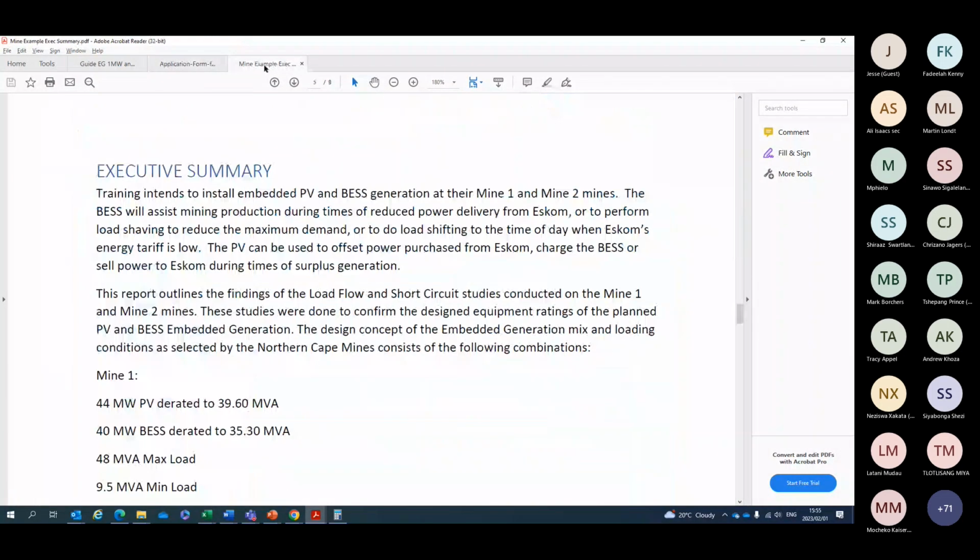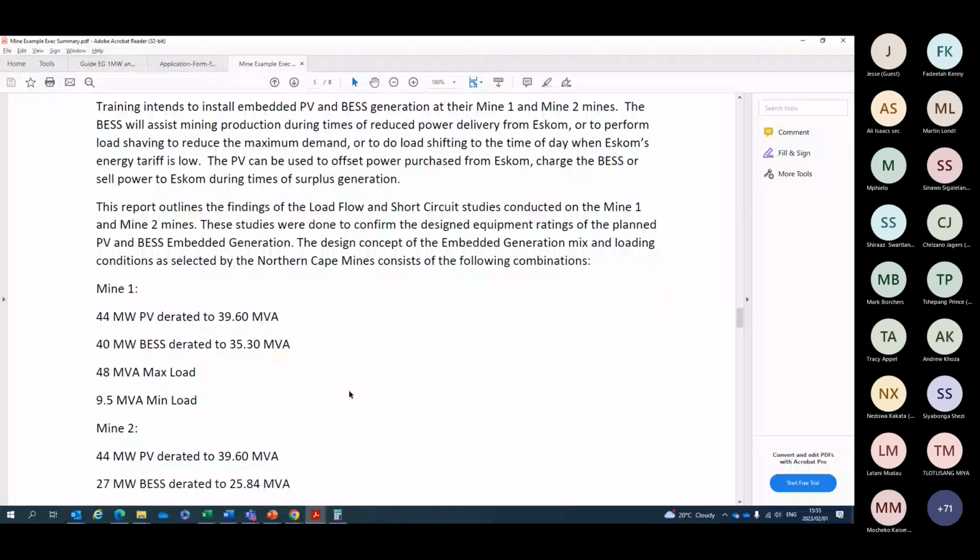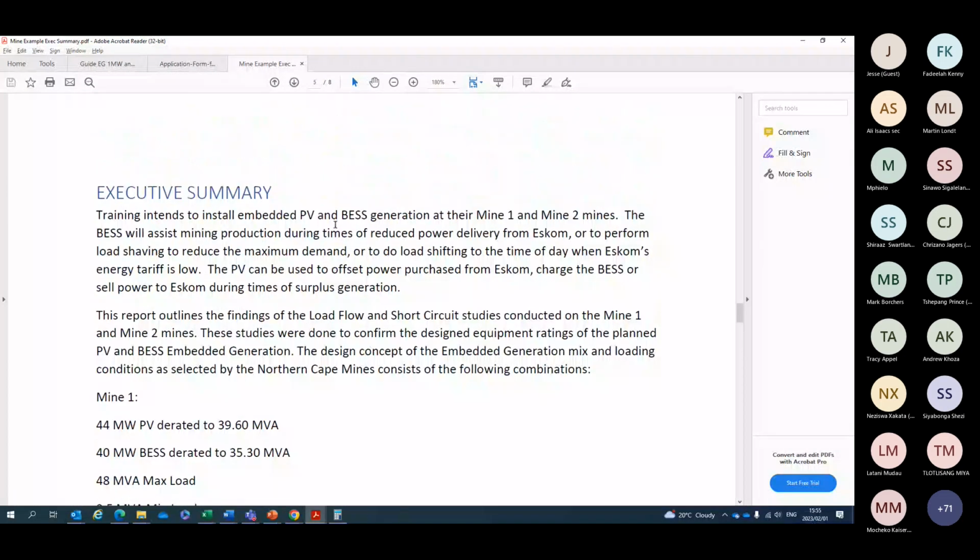So in this case, it's just the executive summary because that contains the essence of what was found.